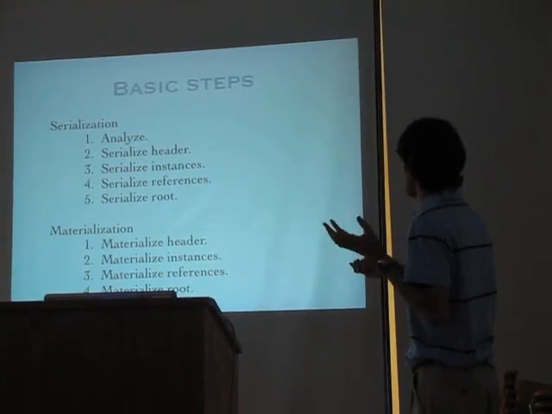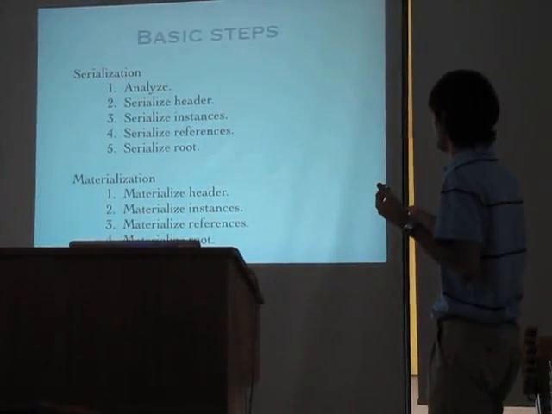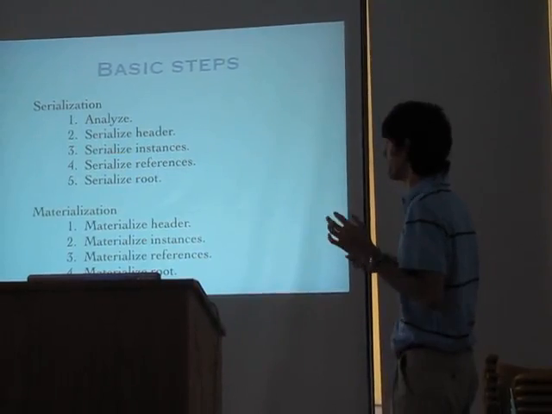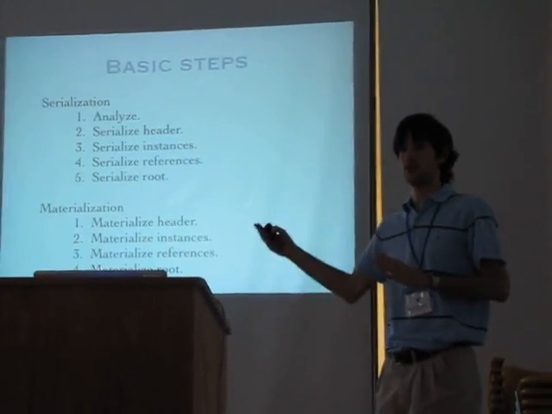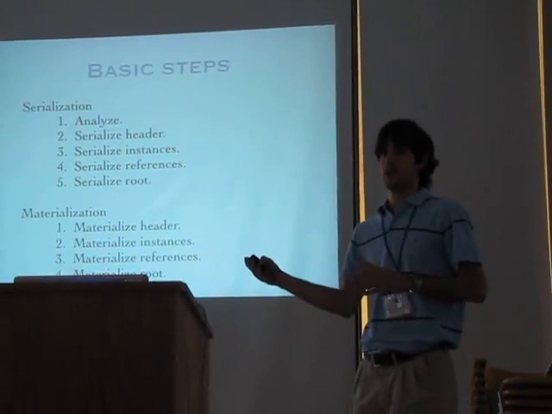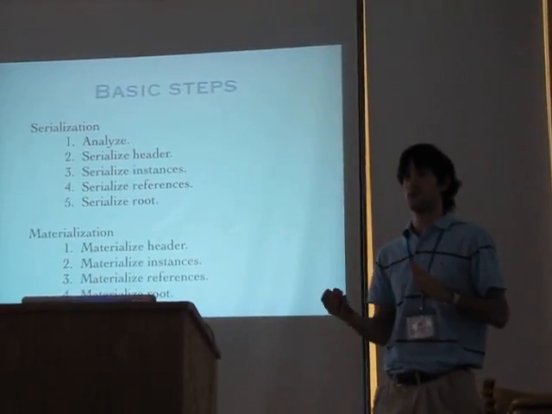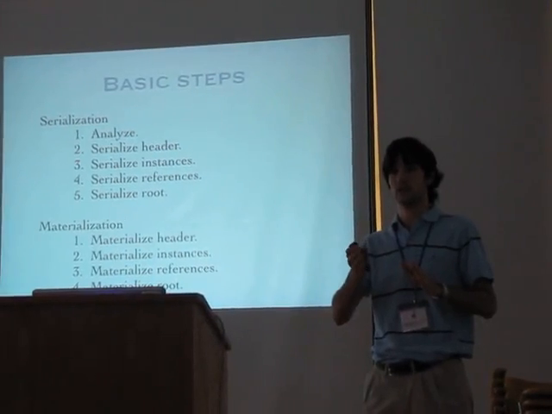So the basic steps for serializing are: you do the analysis first, and then you serialize the header. This is important because we have to first serialize the instances, and then we serialize the references. It's a little bit complicated to explain why, but basically in the stream we serialize the instances, just the objects, no references.